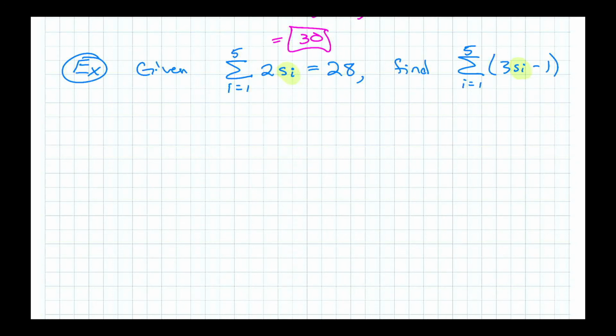What we're going to have to do is figure out what the sum of 1 to 5 of s_i is somehow. And that's not going to be that hard. So our first step is going to be to find this sum from 1 to 5 of just s_i using the properties of sums.